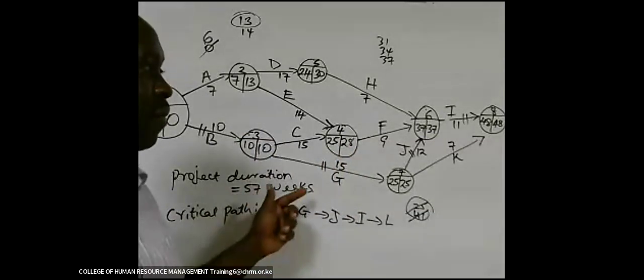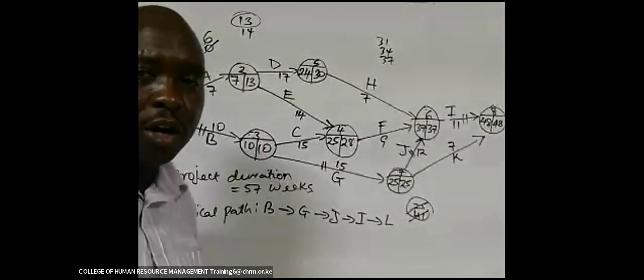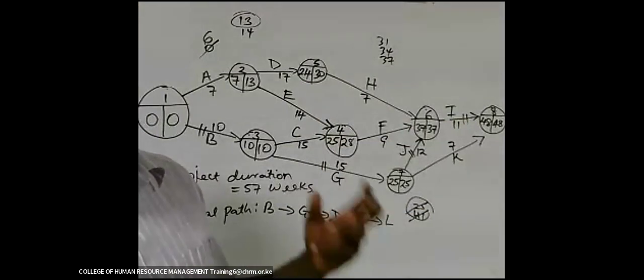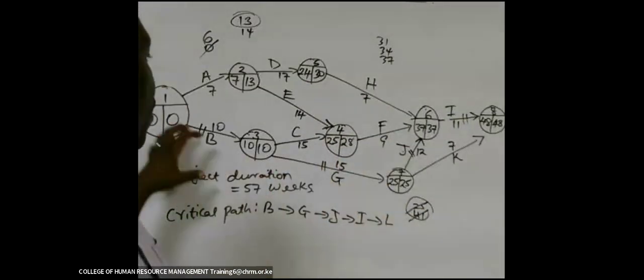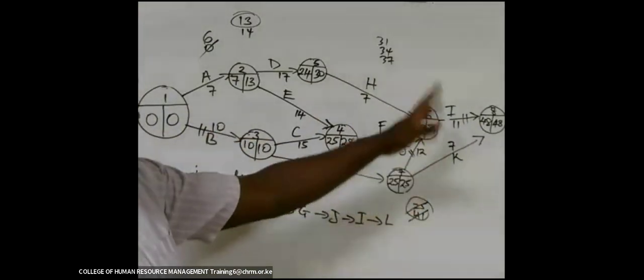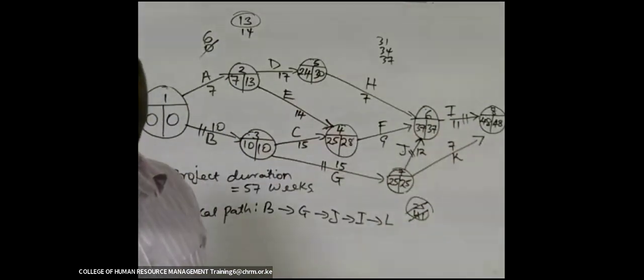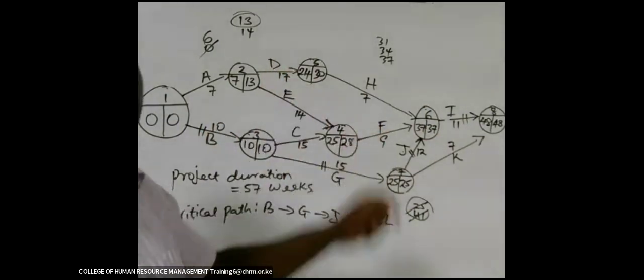As you make the forward pass, the last time estimate that you get in the last event node is going to be your project duration. Come back up to the beginning, then look for those cases where you have got identical time estimates. That is your critical path. It must start from the start event to the end event node.